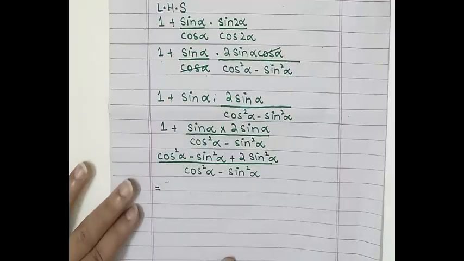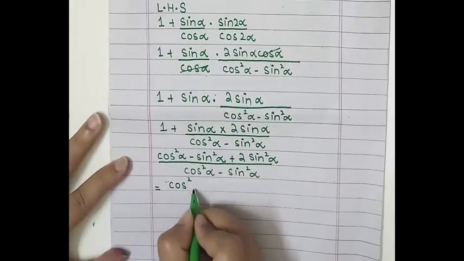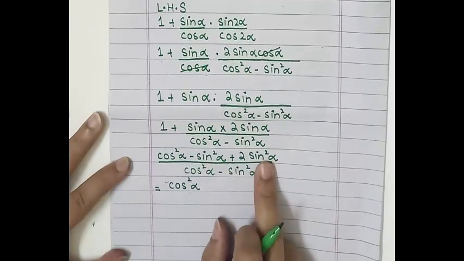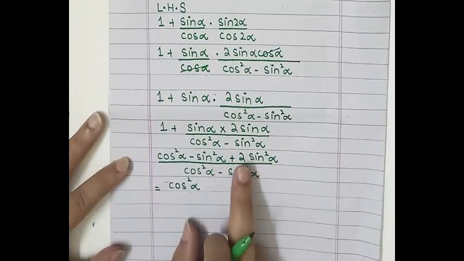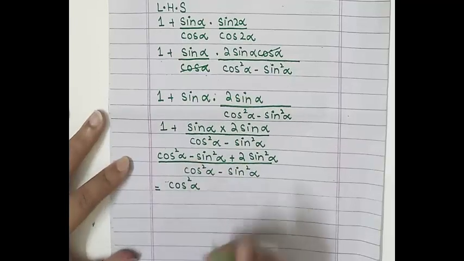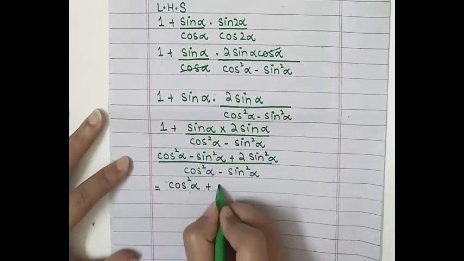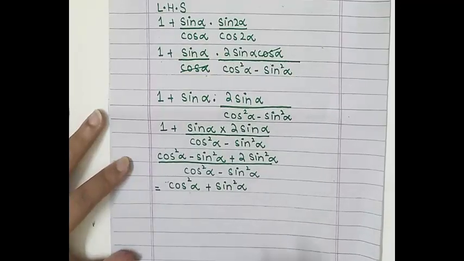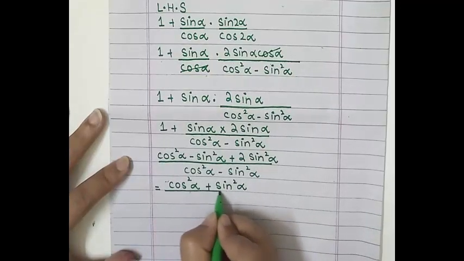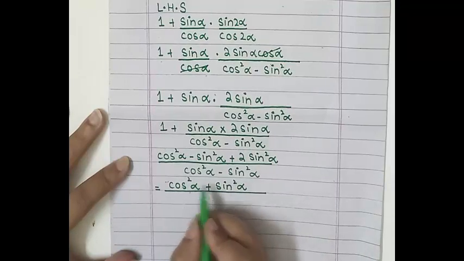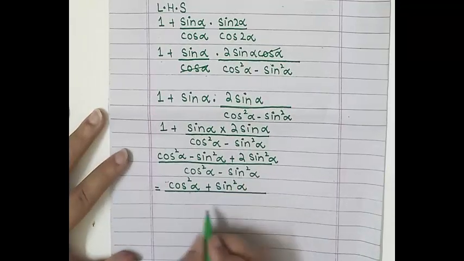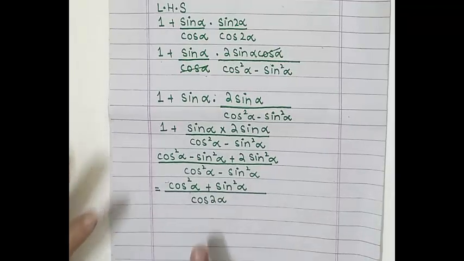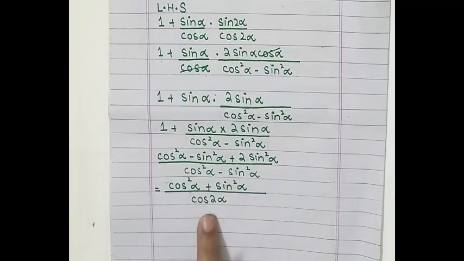This is equal to cos square alpha. This is sin square alpha, and this is also sin square alpha. So 2 minus 1 is 1 sin square alpha divided by cos square alpha minus sin square alpha, which is equal to cos 2 alpha, the double angle formula for cos.